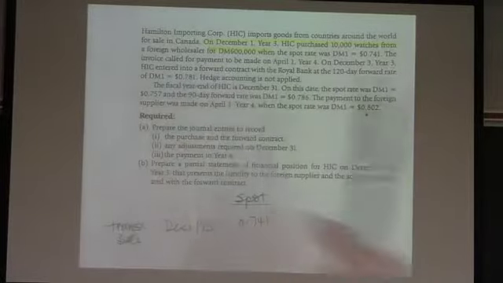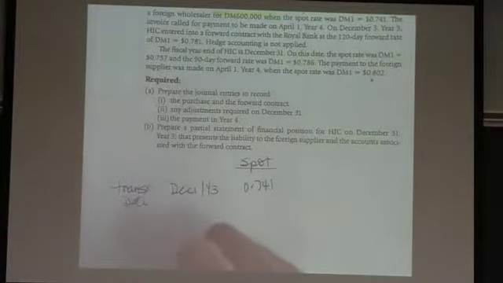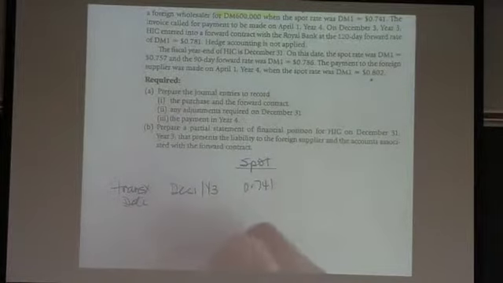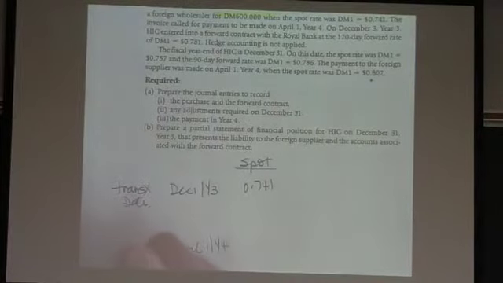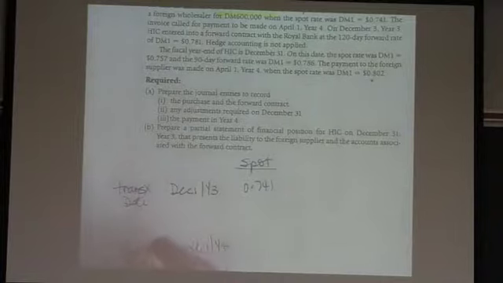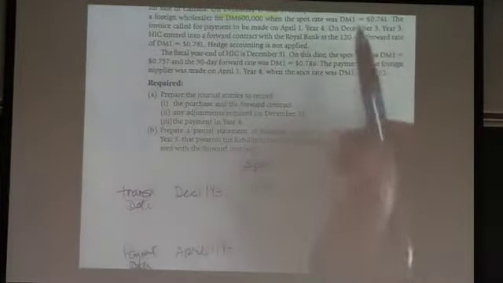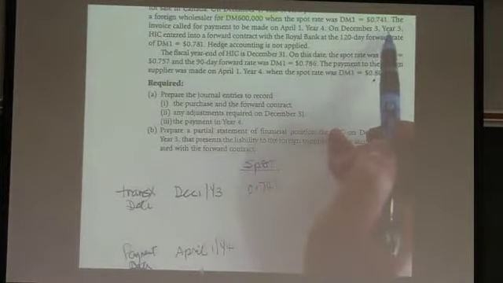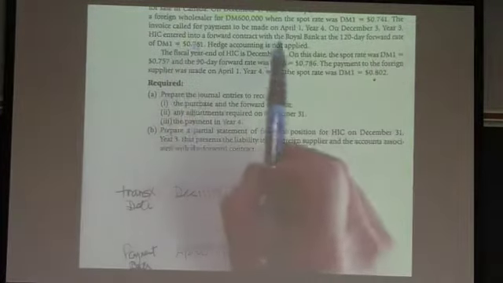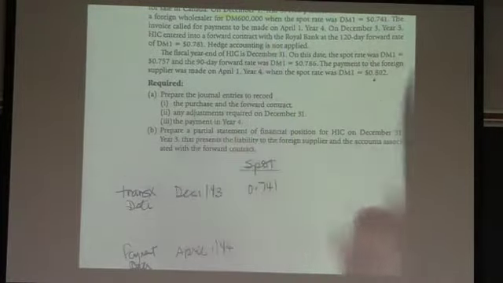The invoice called for payment to be made on April 1st. So April 1st is the date of payment. And it says on December 3rd, year 3, they entered into a forward contract.